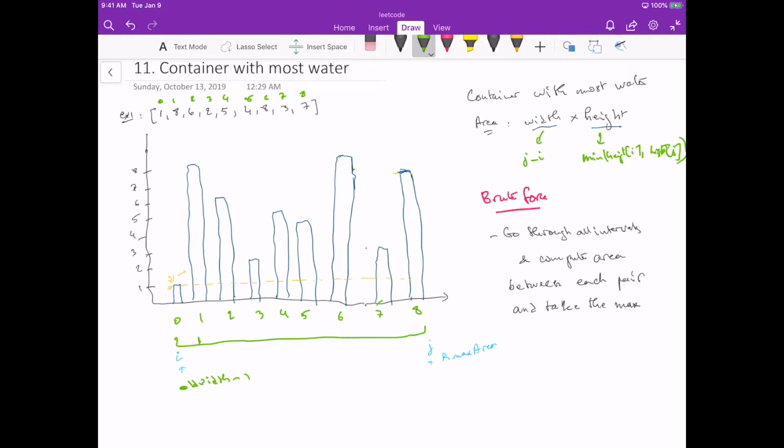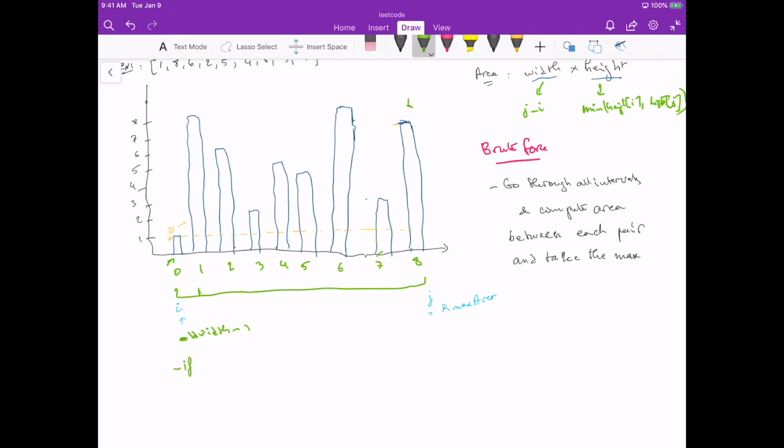So now we ruled out moving both pointers at the same time. Now we know we have to move one of these pointers, so which one do we choose? If we move j first, the one with the largest height, the width became smaller, right?